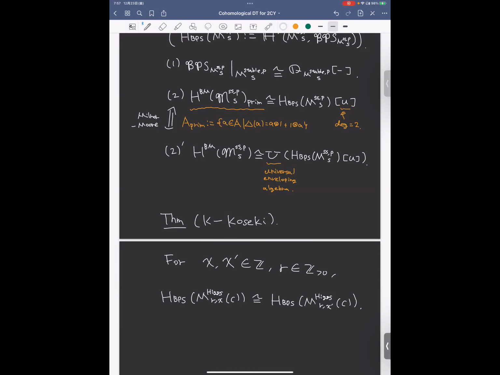So this statement says that if we use the BPS cohomology, we can show the topological mirror symmetry statement without any assumption on R and chi.